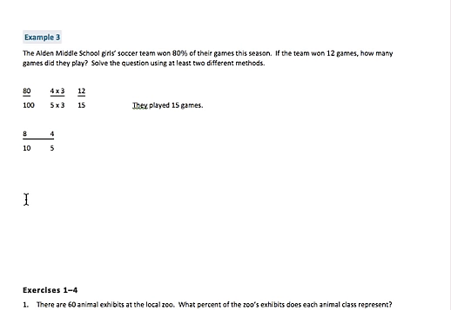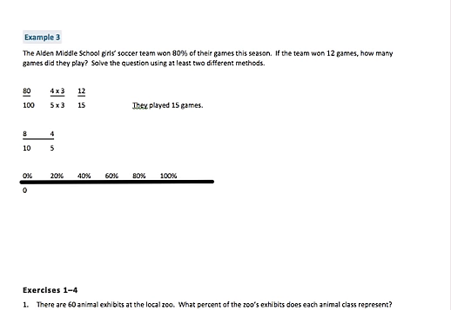As we did in the other examples, we're going to have to represent this problem with some kind of a diagram. So we'll make a double number line again. And we'll take our 100% and split it into 5 parts, 20, 40, 60, 80, 100%, just like we did in the other 2 examples so far.